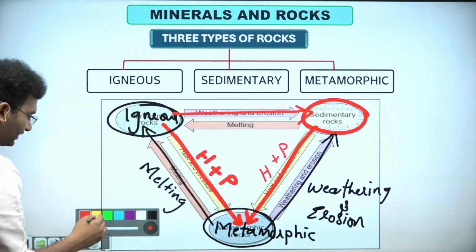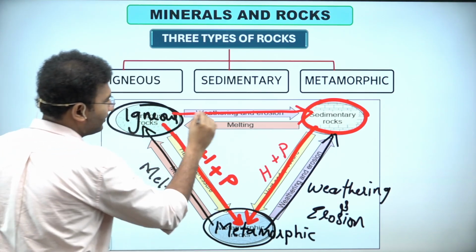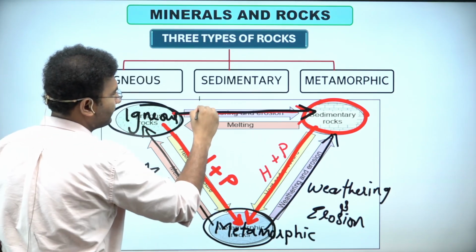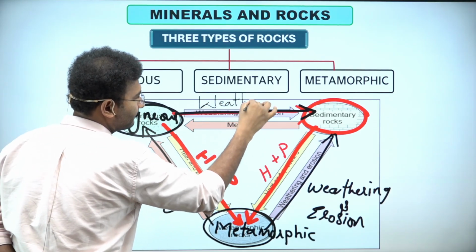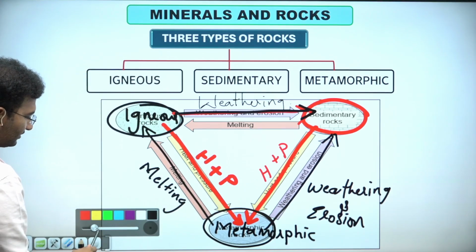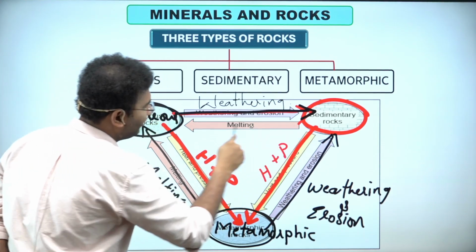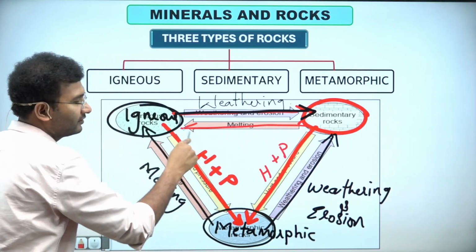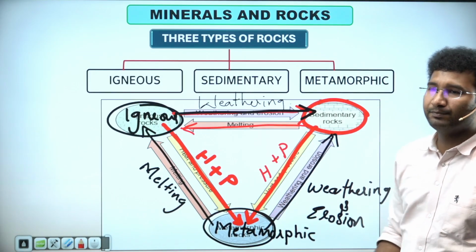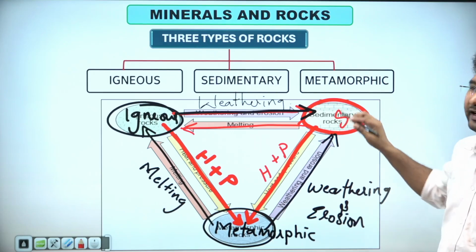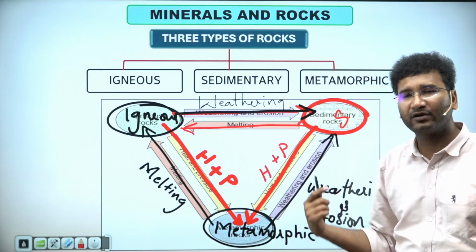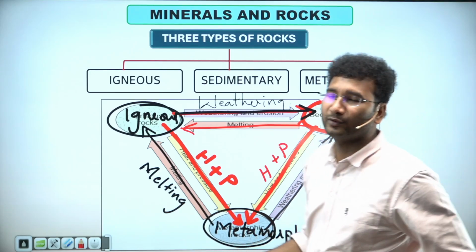I can convert, again by subjecting it to weathering. Now can I convert the sedimentary rock into igneous rock? Yes, by melting. In simple terms, your sedimentary can be converted into any type of rock, your igneous can be converted into any type of rock, your metamorphic can be converted into any type of rock.